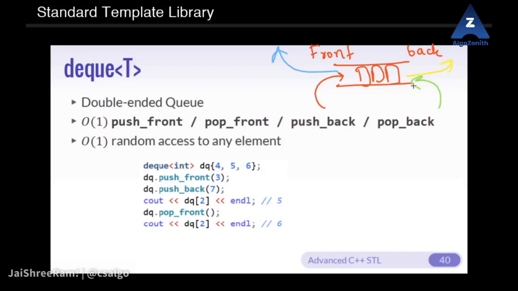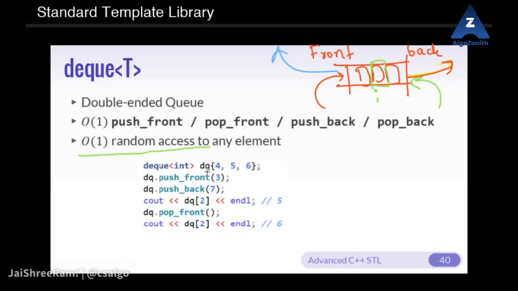So taking out from either side or inserting from either side is possible. Also, in any particular configuration, if you want to access the element at some ith index, that's also possible in dq. That is order one random access. Accessing a particular ith element in order one is called random access.